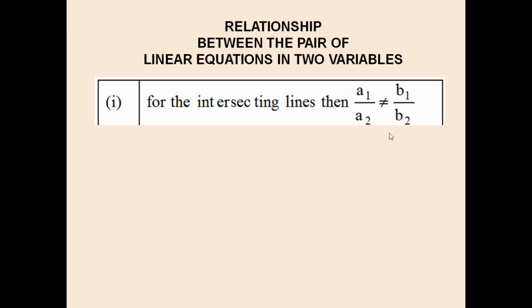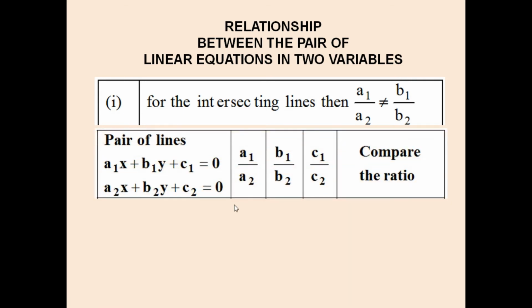So the first relationship is when we take the ratio of the coefficients of x equal to the, and we take the next ratio as the coefficients of y. Let's understand clearly using an example. So there are three possibilities of ratios when we talk about linear equations in two variables, right?